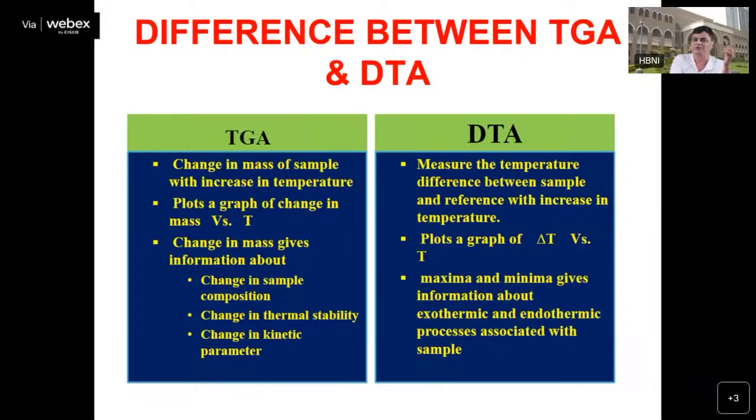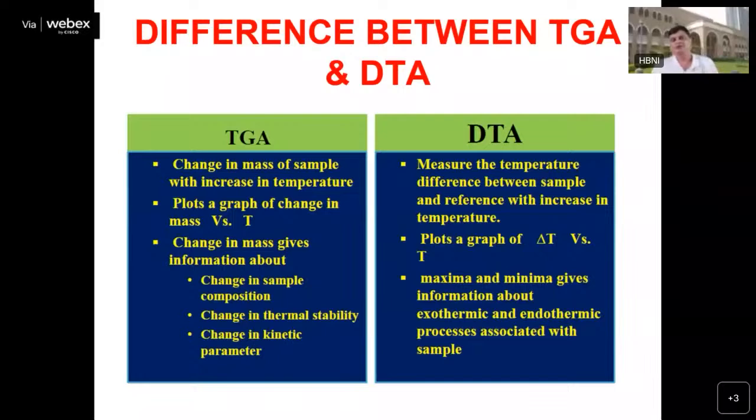The change in mass gives information in the case of TGA. In DTA, maxima and minima give information about the exothermic or endothermic processes in the sample.